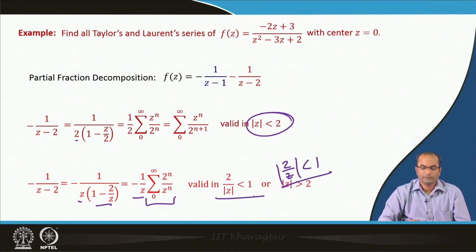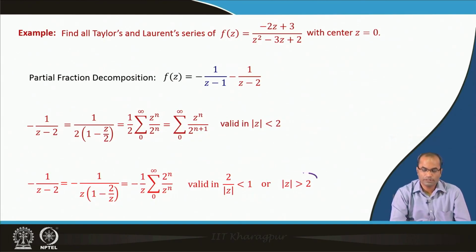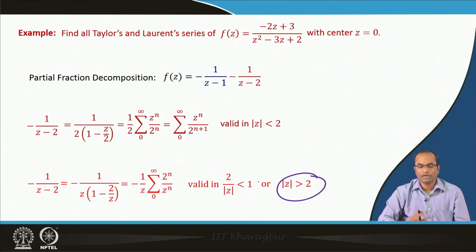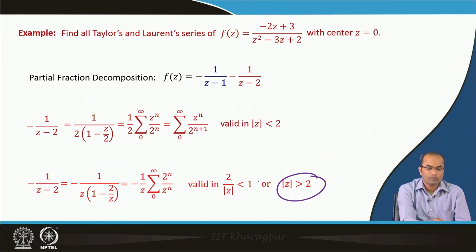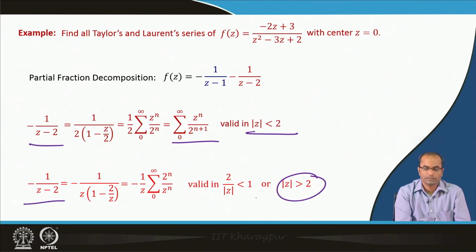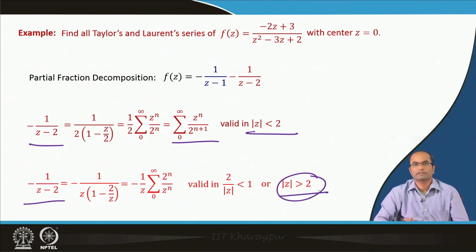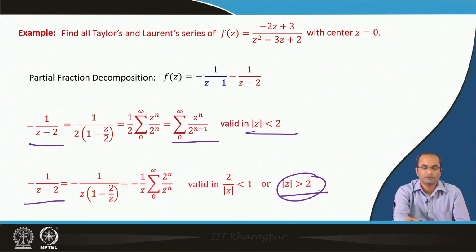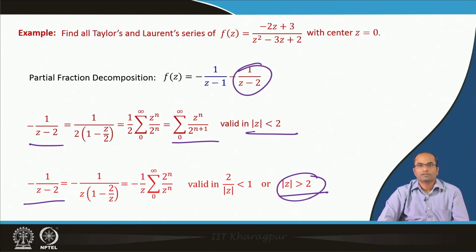So, the validity here for this expansion is going to be mod z greater than 2. So, we have seen these two expansions, one is valid for mod z less than 2, another one is valid for mod z greater than 2. We have all possible expansions for one of these terms in the partial fractions.